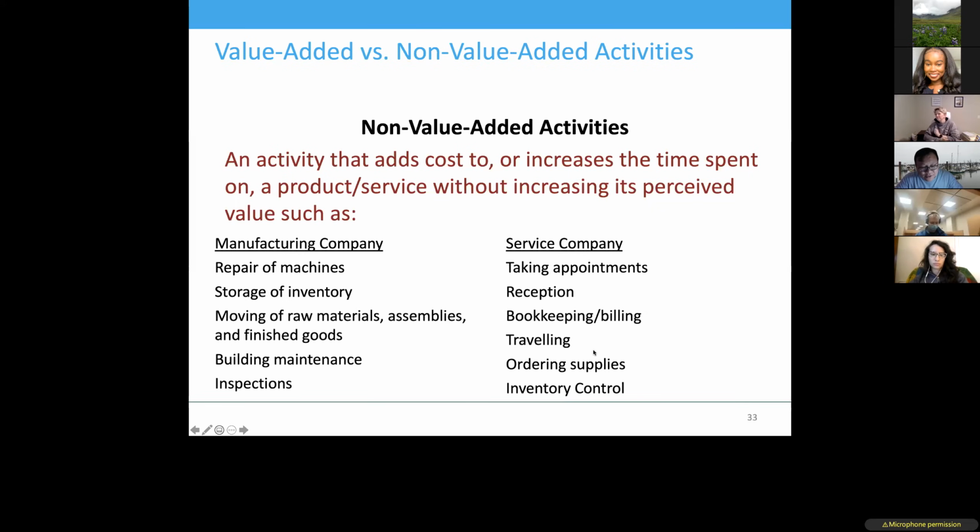Something you can think about: there are different jobs in the market, and sometimes you complain that you're not making enough money. Then you have to ask yourself what kind of activities you are doing.